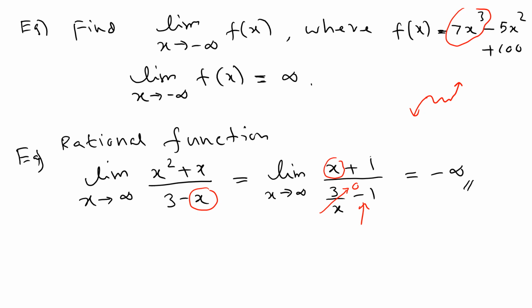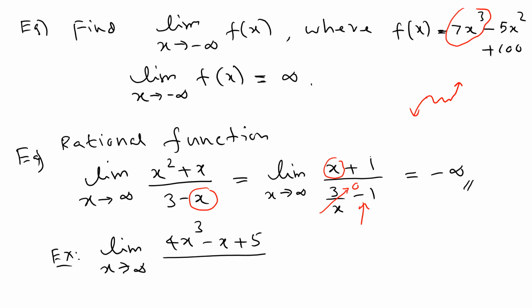As a good exercise, why don't you try this one? The limit as x goes to positive infinity of (x cubed minus x plus 5) divided by (5x squared plus 8).